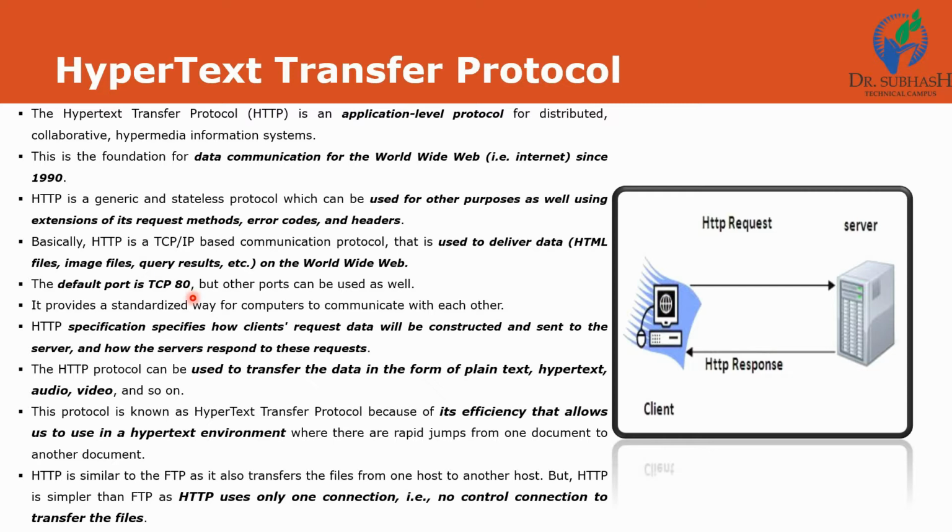This particular entry point is known as a port. There are many ports available in a computer system. We can use different ports for different purposes. Here the HTTP protocol uses port 80.